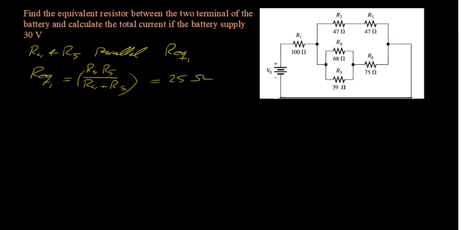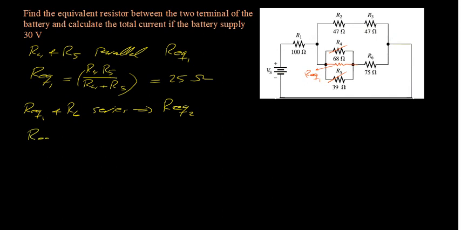Now the equivalent of these two, it's kind of like I take these off and I have a new resistor here named R equivalent 1, and you can see it is connected with R6 in series. So R equivalent 1 and resistor 6 are in series, and I will name the new equivalent of them as R equivalent 2.